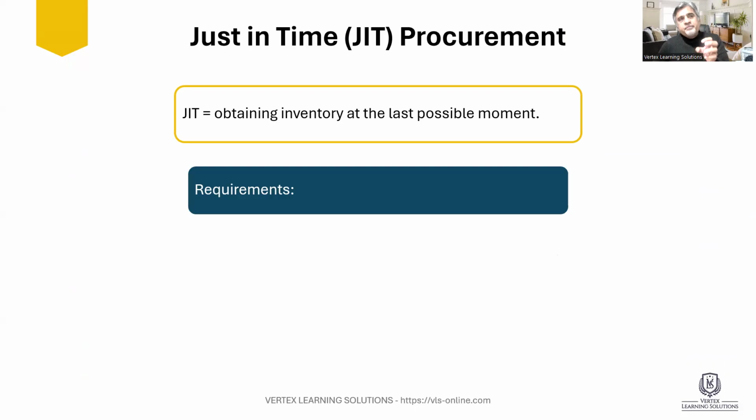So in order to successfully implement this JIT system, you need reliable suppliers who are willing to work with you on flexible terms, can provide goods in smaller quantities, and can deliver goods of high quality where the rejection rate is possibly zero or very little. Only then it will work.